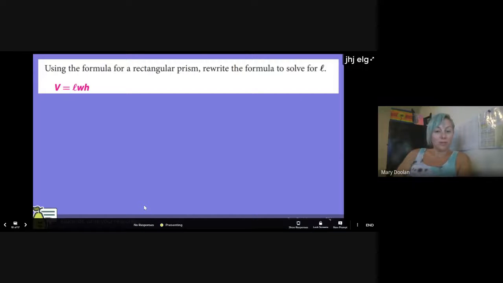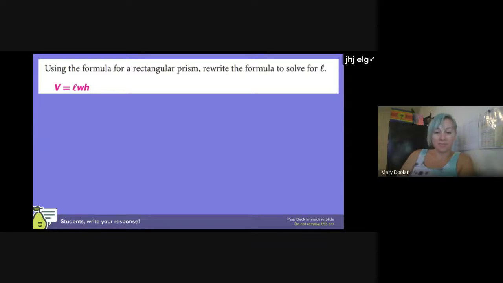Okay, your turn. Using the formula for a rectangular prism, still have the same mathematical formula. We're going to rewrite it, but this time we're going to solve for L. What would that look like?